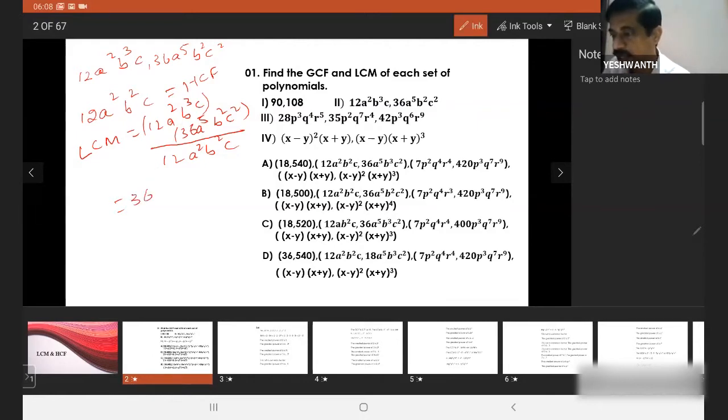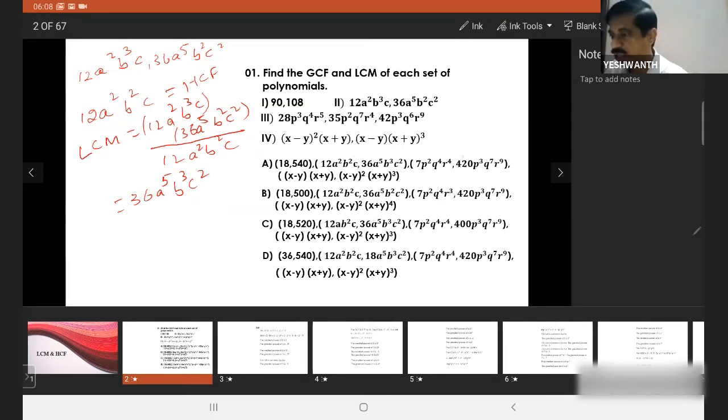A square is cancelled, you have a power 5. B square is cancelled, so you'll have b cube into c square. So that is there in option A. These LCM and HCF, whatever we have found out, they are there for option A.